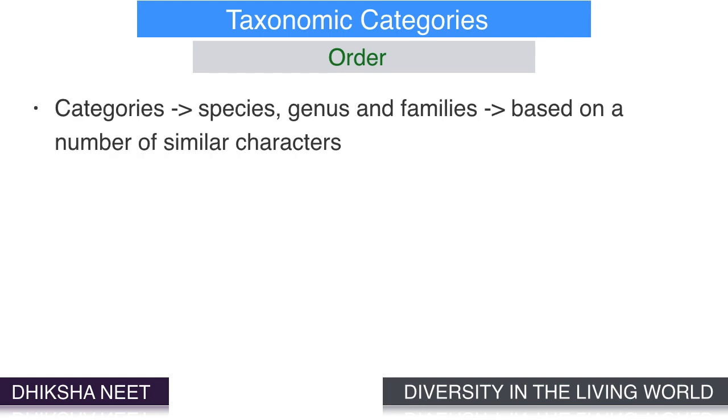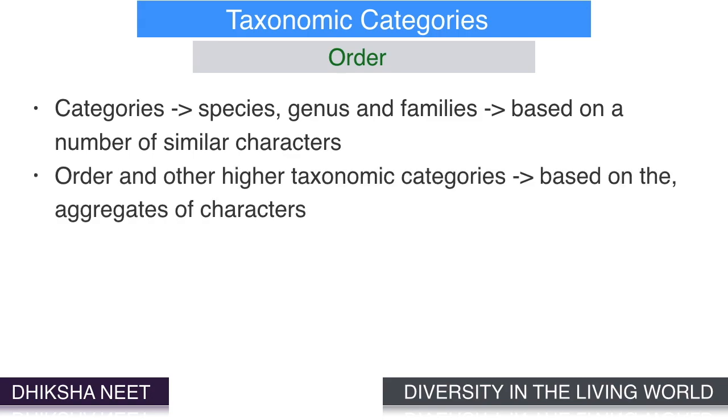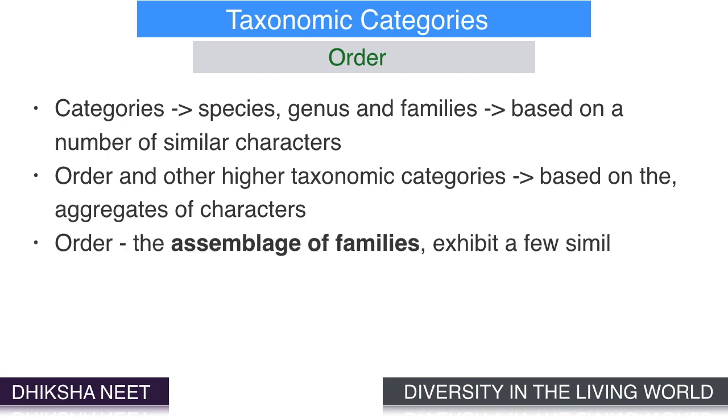Taxonomic category order. You have seen now that categories like species, genus and families are based on a number of similar characters. Order and other higher taxonomic categories are identified based on the aggregates of characters. Order, being a higher category, is the assemblage of families which exhibit a few similar characters.